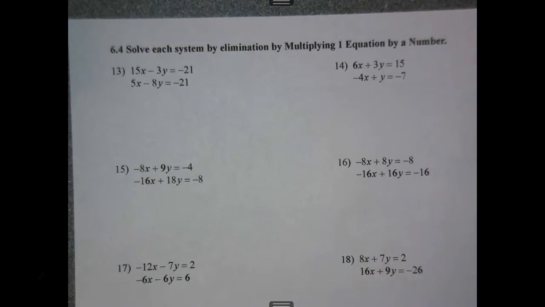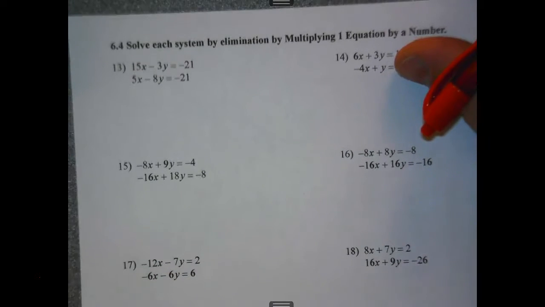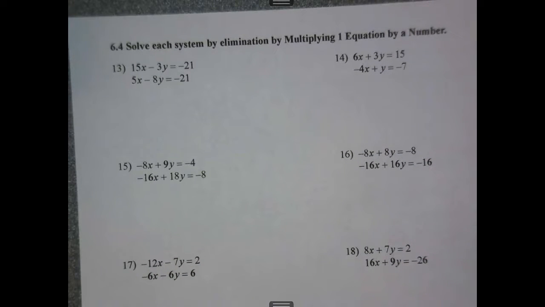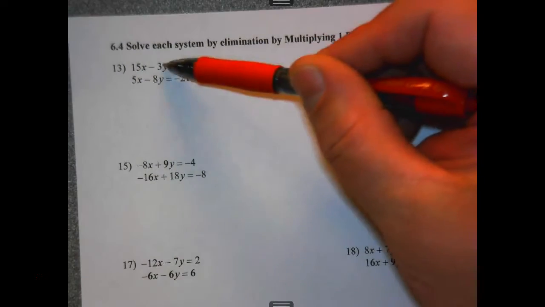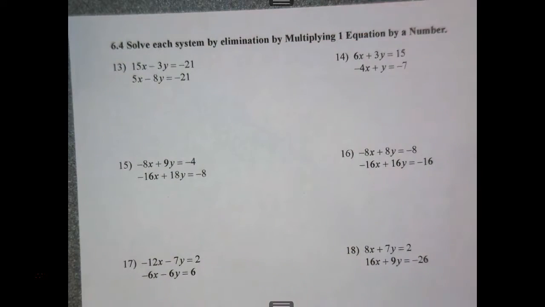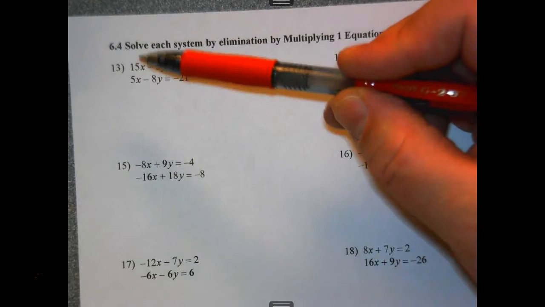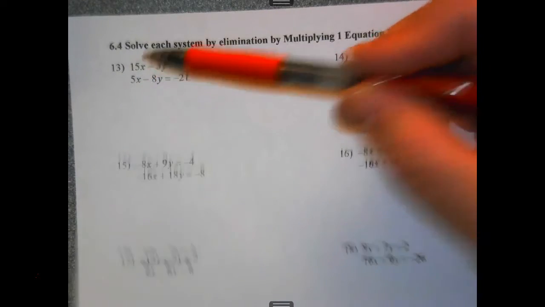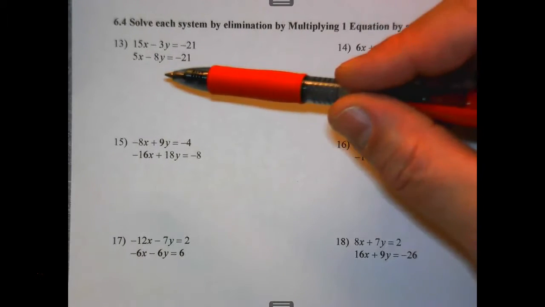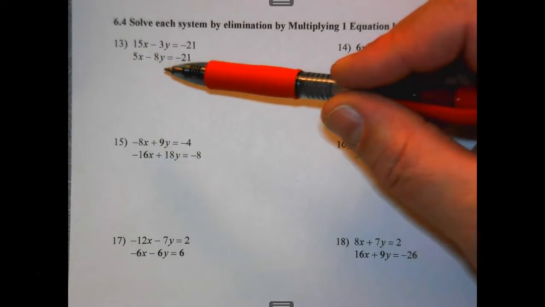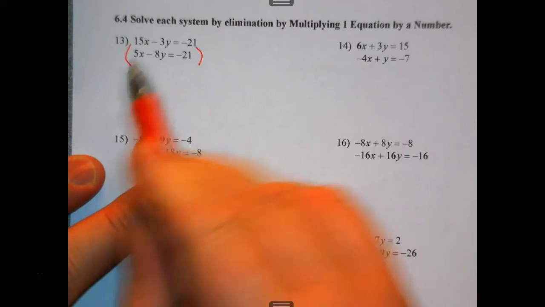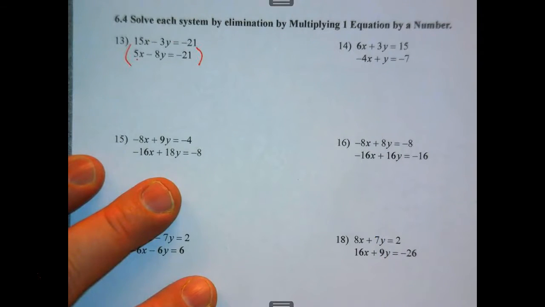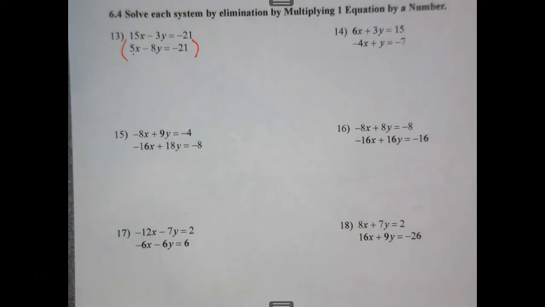Now, looking at 13, look at the coefficients here, and I noticed that 5 is a factor of 15. So I'm going to multiply the bottom equation by 3, because 3 times 5 is 15. Now, I want opposite signs.